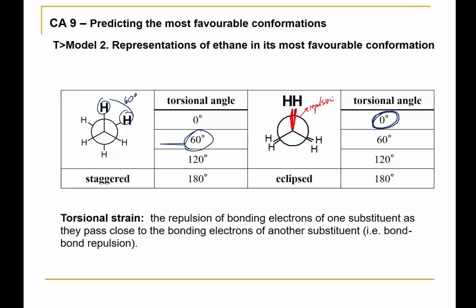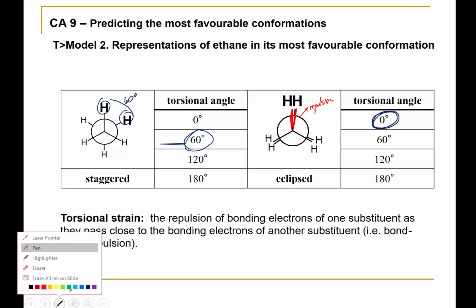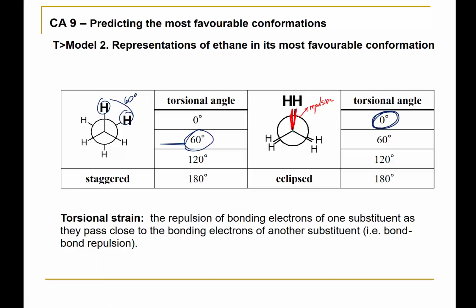And of course, I've just highlighted the repulsion between those bonds. There would also be a repulsion, and maybe I'll just again change my pen color. There would be a repulsion between the carbon-hydrogen bond in the front carbon and the carbon-hydrogen bond in the back carbon. Okay, so there would be all of this repulsion happening. And therefore we would say that there's this torsional strain.